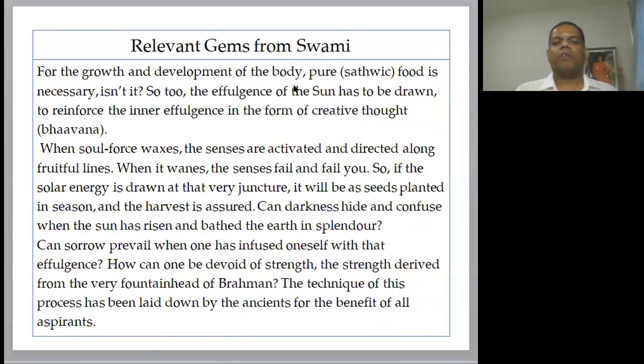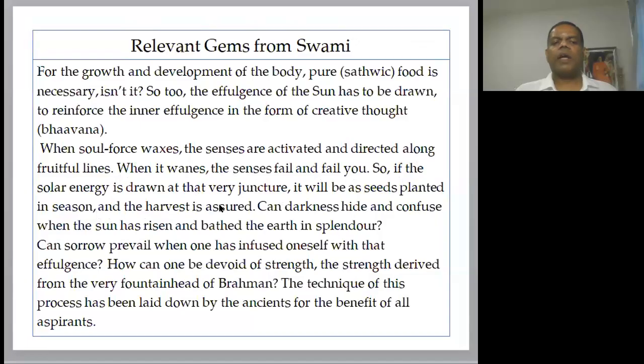For the growth and development of the body, pure sattvic food is necessary, isn't it? So too, the effulgence of the sun has to be drawn to reinforce the inner effulgence in the form of creative thought, bhavana. When soul force waxes, the senses are activated and directed along fruitful lines. When it wanes, the senses fail you.